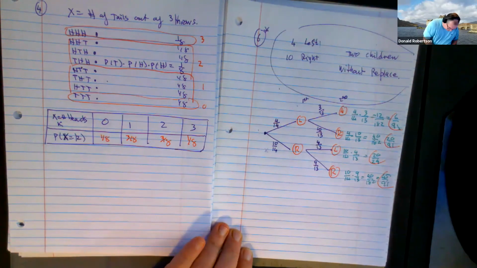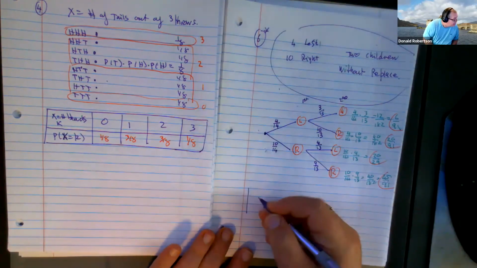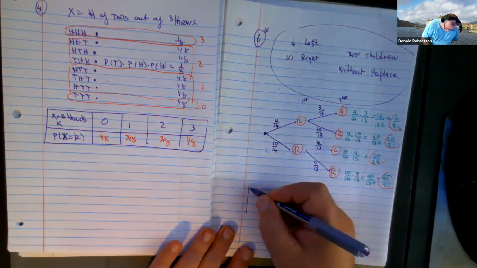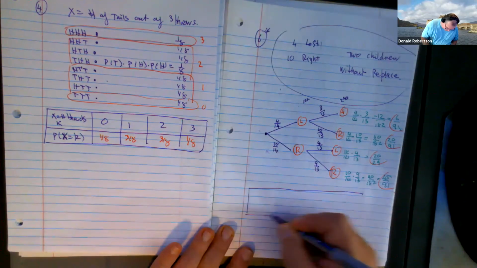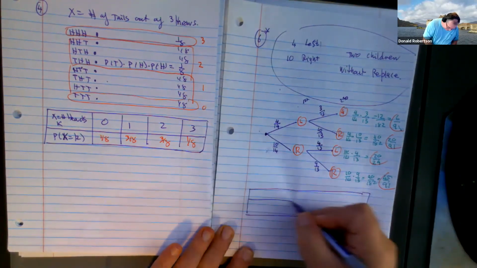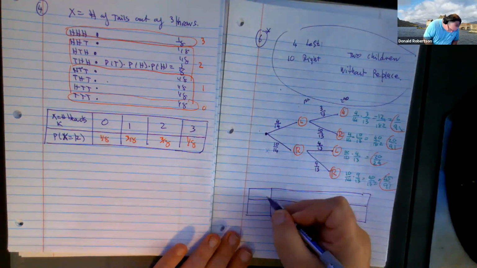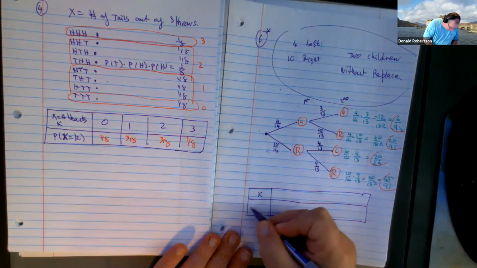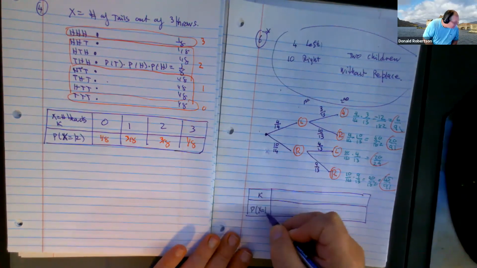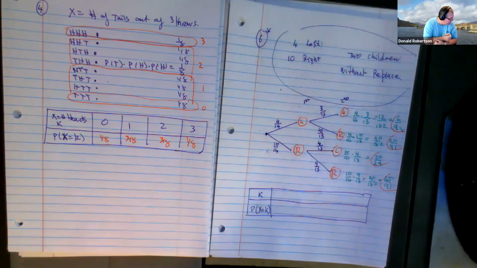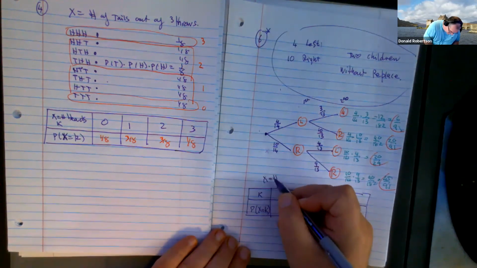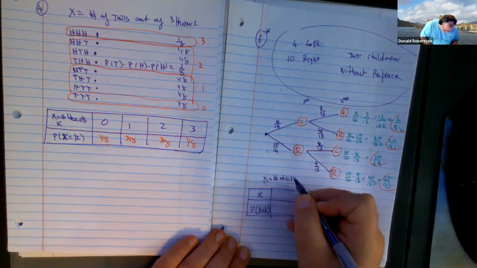Now we're going to create the table, which is going to go here. In my table, they're going to be K and the probability that X equals K. In this case, X represents number of left-handed. So we're counting number of left-handed.